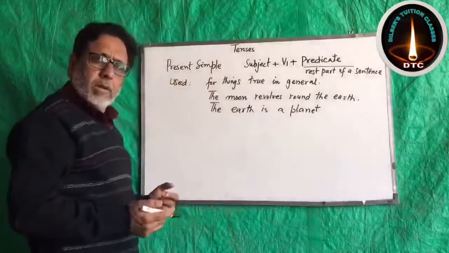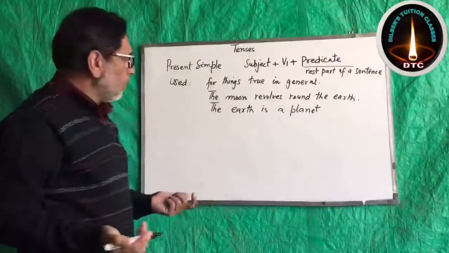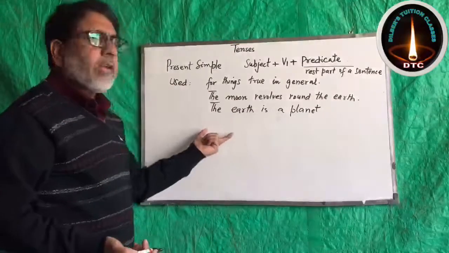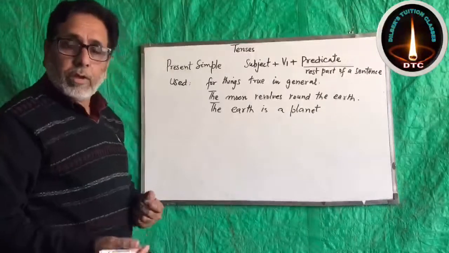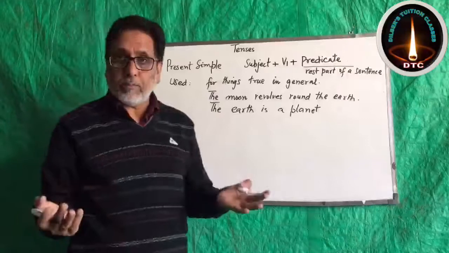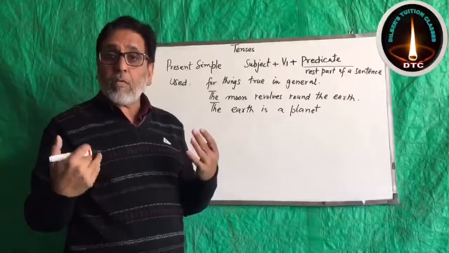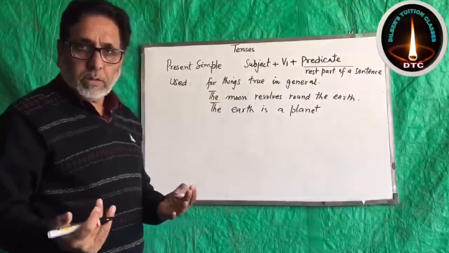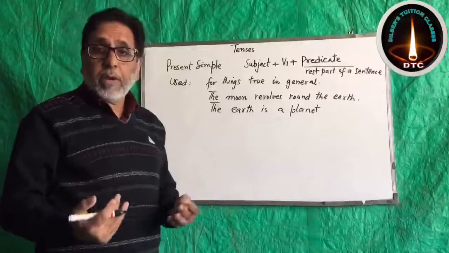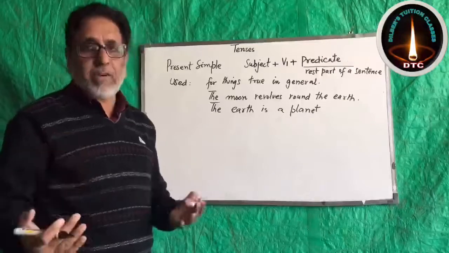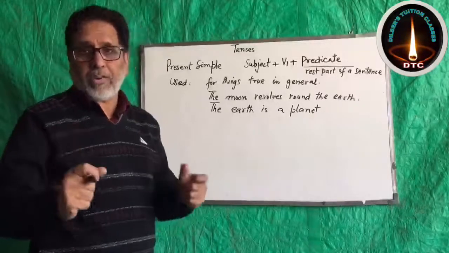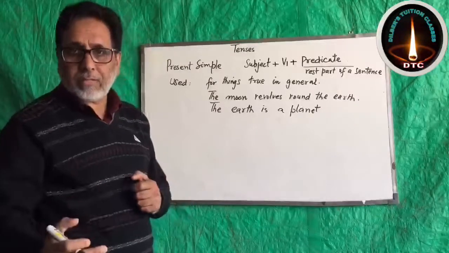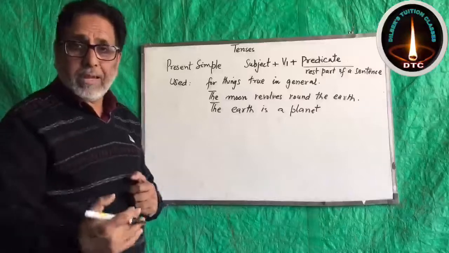So these are true in general. Accordingly, you can have so many things for that. You can also say summers are warm. Summers are warm in moderate climates. But you can also say summers are hot in the desert areas.